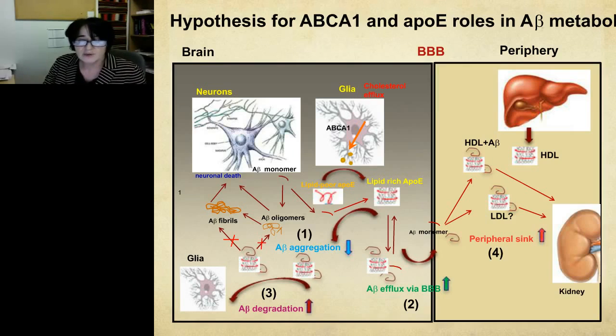And eventually, all this can decrease the level of A-beta in the brain. Finally, in plasma, increased level of HDL could increase the binding of A-beta to HDL, eventually leading A-beta to be cleared from the body, which decreases plasma concentration of A-beta, affects the balance between plasma and brain, and stimulates the peripheral sink of A-beta clearance.